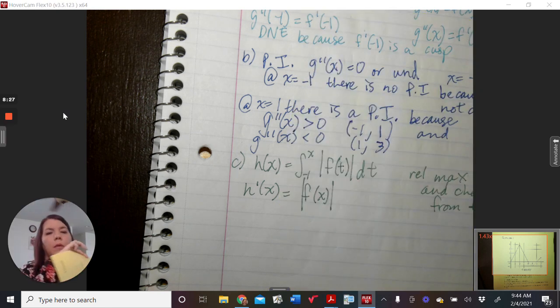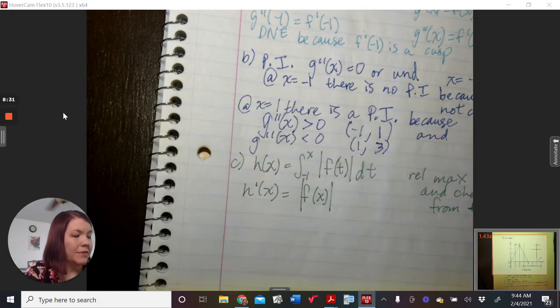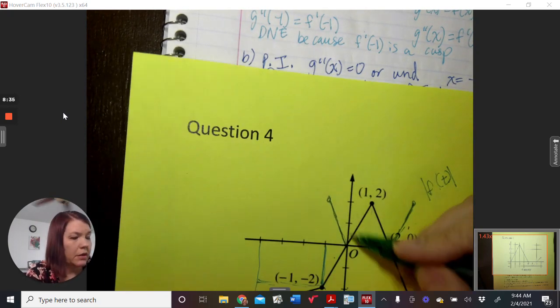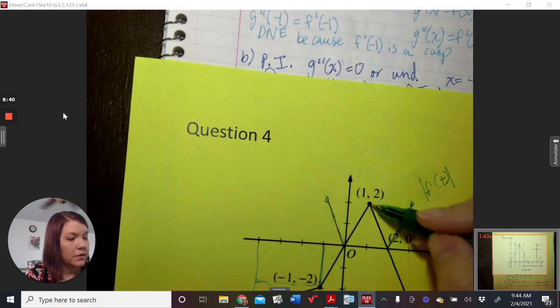So from positive to negative. This one's a min from negative to positive. This one's a max because it goes from positive to negative, looking at the slope.